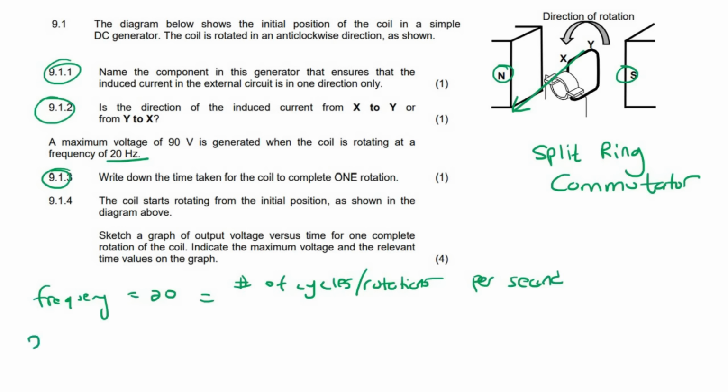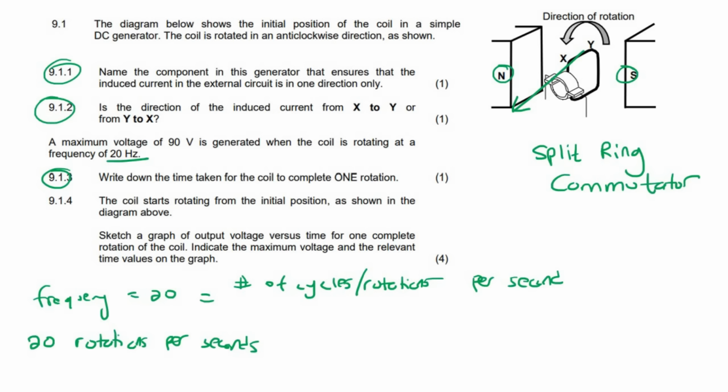So that means that this thing is rotating 20 rotations per second. But that's not what they want. They want to write down the time taken to make one rotation. So if we can do 20 rotations in a second, they want to know how many seconds it takes to do one rotation.